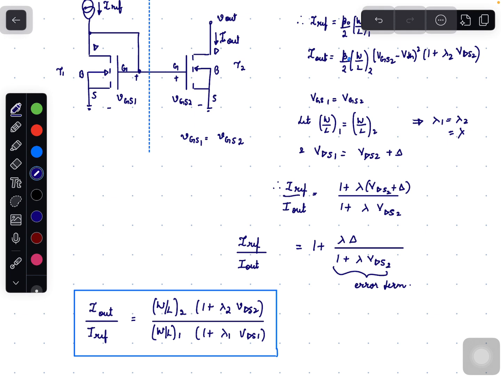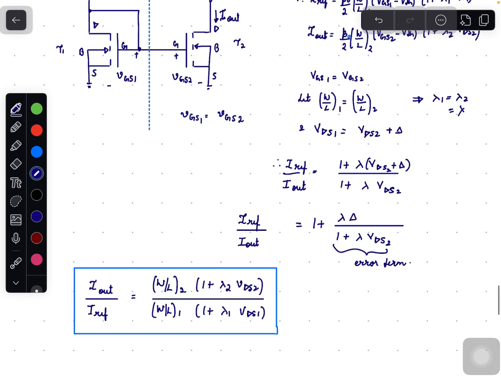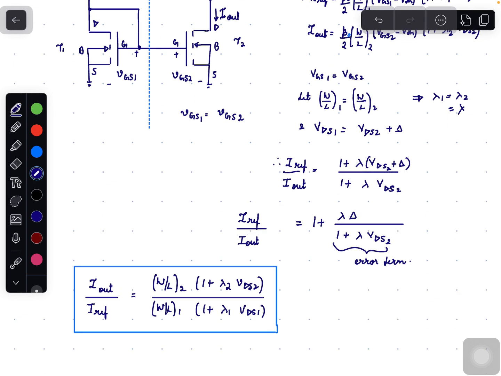Here we want IREF by Iout to be equal to 1, but here IREF by Iout equals 1 plus the error term, which is defined by λ delta, that is the difference between VDS1 and VDS2. This is called the error term. So in this case, Iout by IREF equals (W/L)2 by (W/L)1 into (1 + λ2 VDS2) divided by (1 + λ1 VDS1).